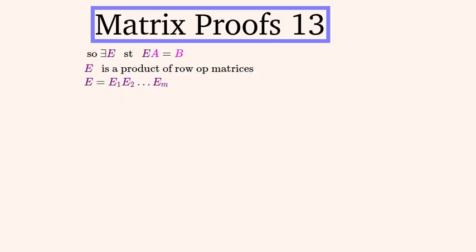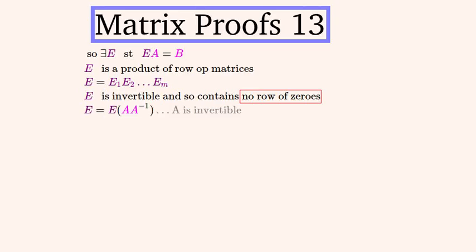So I'll just scroll the screen up to make some more room. And E is invertible and so contains no row of zeros. This is what we're going to use to form a contradiction. We're going to continue on with the proof to show that E must have a row of zeros. And that'll be our contradiction. We'll start with E and multiply it by this matrix inverse pair.